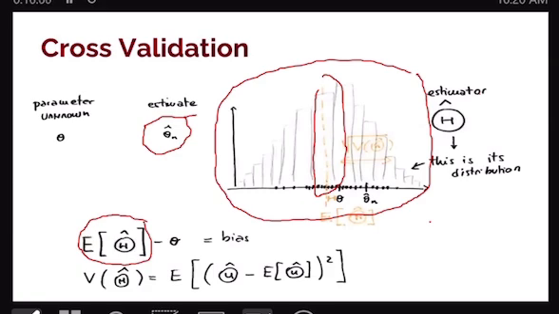Now, let me tell you this. We're now going to compare the expectation of the estimator with the unknown population parameter. If the expected value of an estimator is equal to the unknown value of the parameter, there is no problem of overestimation or underestimation here.